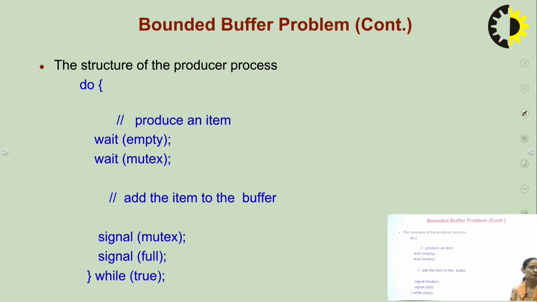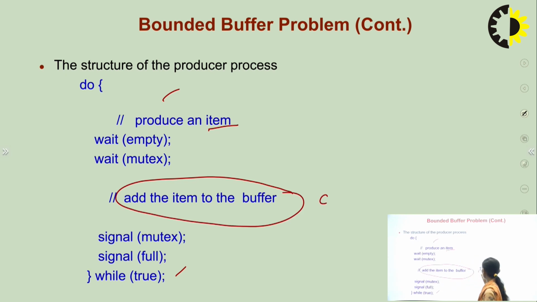Now this is the structure of the producer process. First we have used a do while loop. This is a producer. It wants to produce something into the buffer, and this is a critical section of our code where we want to access the shared data item.